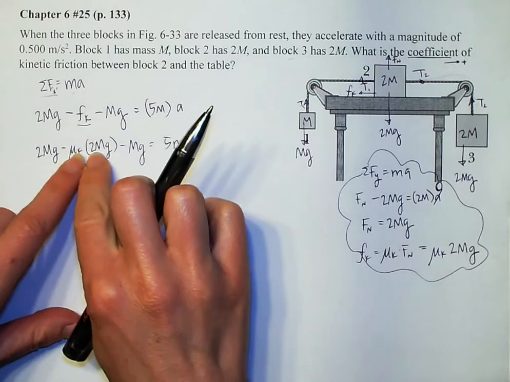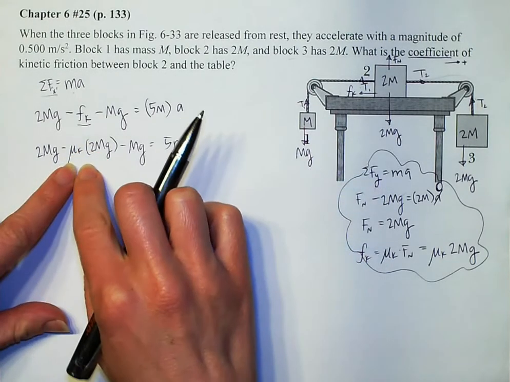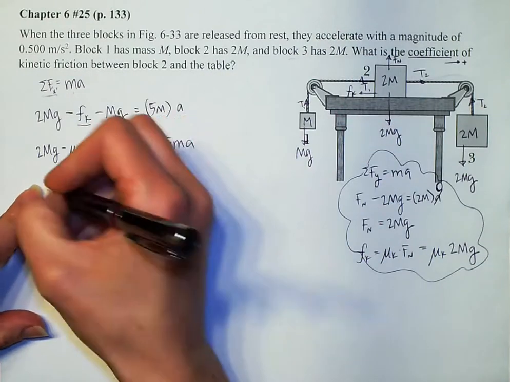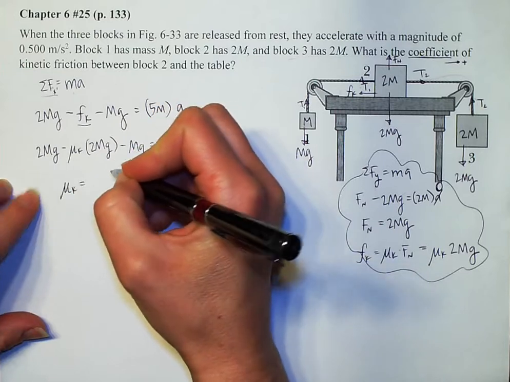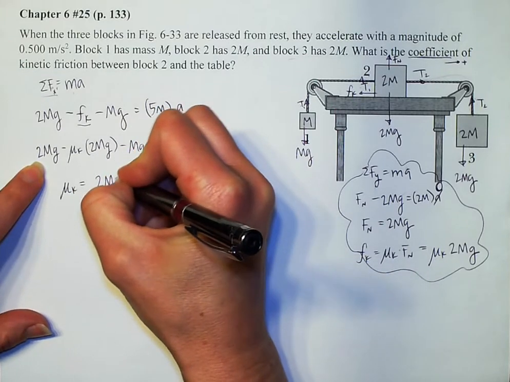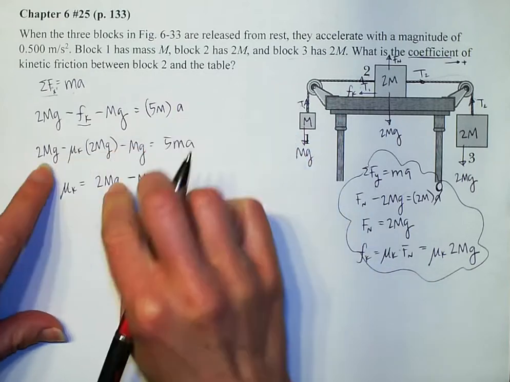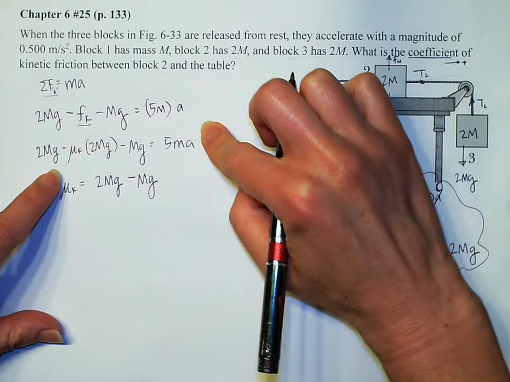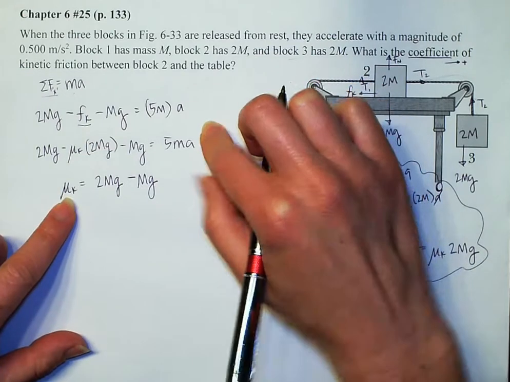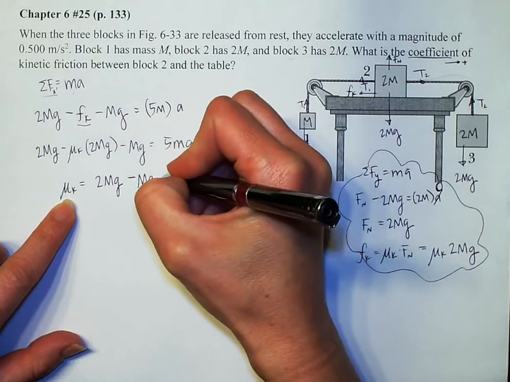So let's do it. I'm going to move this whole thing over. Well, okay, let me just solve this and then you can verify for yourself that it's legit. So I have mu k equals 2mg minus mg. And you can see that I'm keeping the signs here, but then I switched the sign there. So I'm essentially taking it to that side, but then bringing it back over to this side because it looks better. And then I'll bring my 5ma over here.